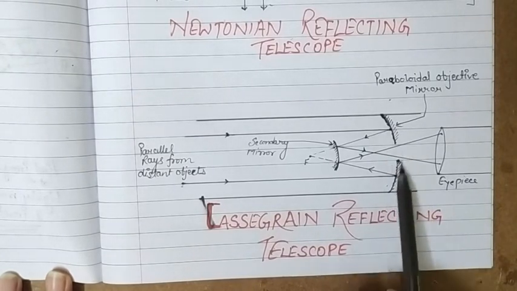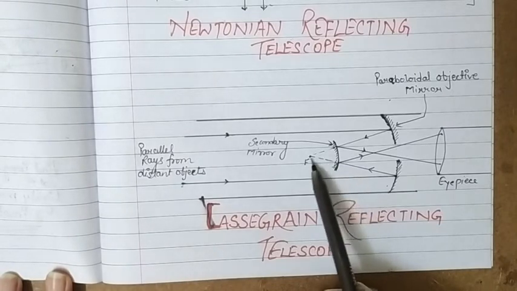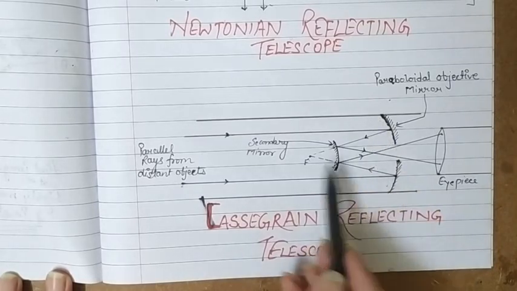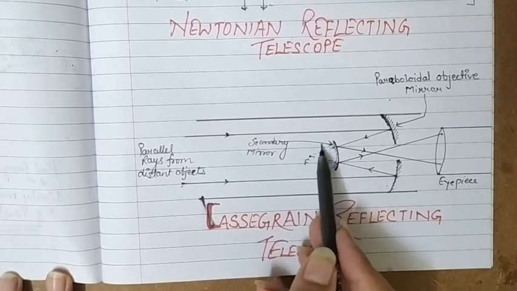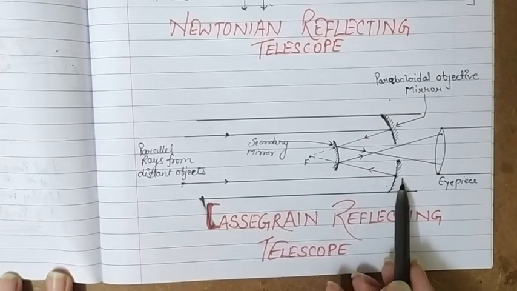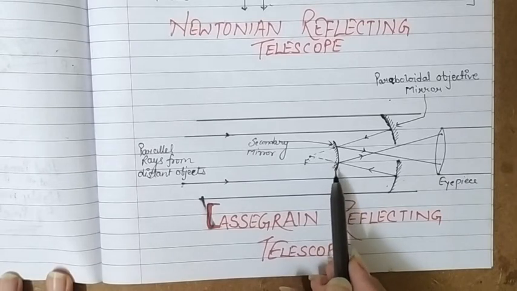There is another small convex mirror near the focus of the primary one. So f is the focus of this primary mirror, and near its focus there is a secondary mirror, which is a convex mirror. This is a concave paraboloidal objective mirror, while the secondary one is a small convex mirror.